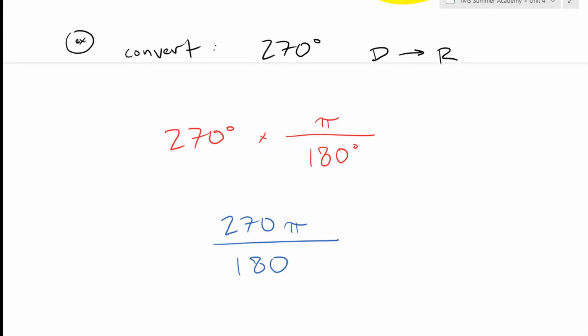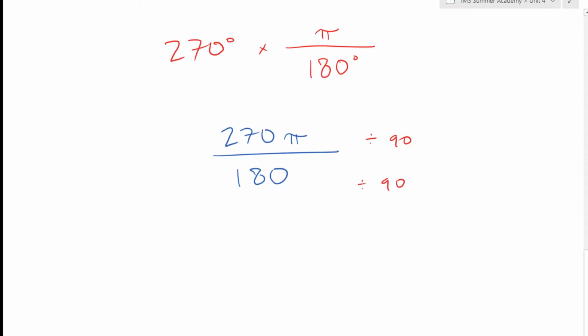Yes, 2 goes into it, 10 goes into it, 3 goes into it. The biggest possible is going to actually be a 90. 90 goes into both 270 and 180. So 270 divided by 90 comes out to a 3. Still have pi on top. 180 divided by 90 is a 2. Again, if it takes you multiple steps to get there, if you take out a 2 and find out you can take out some more, go ahead. Okay, so I'm just showing you in the fastest way possible.